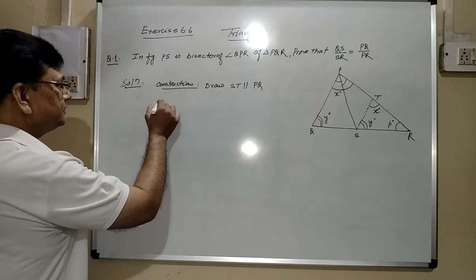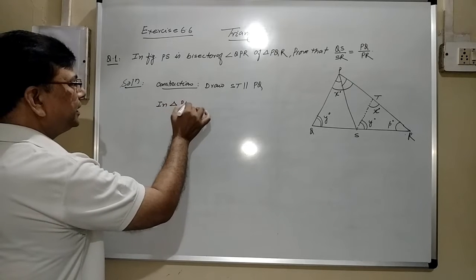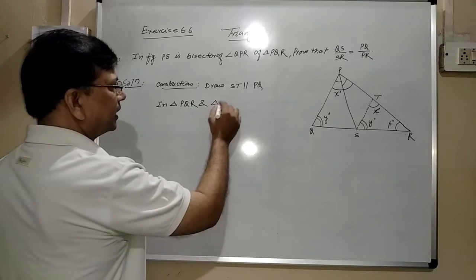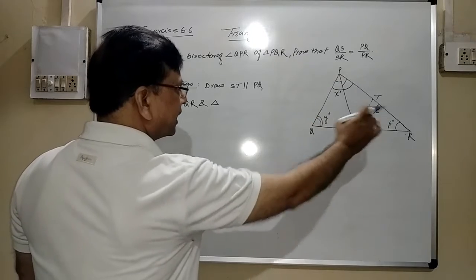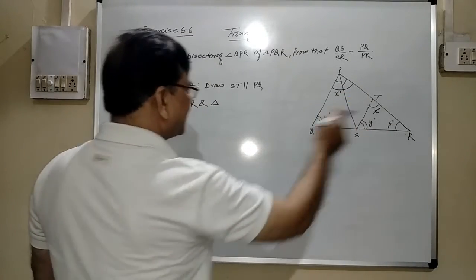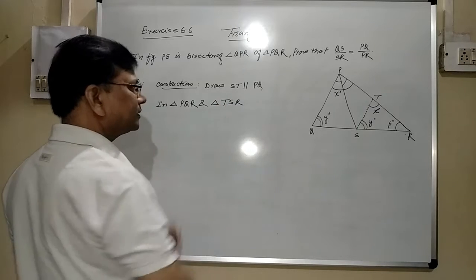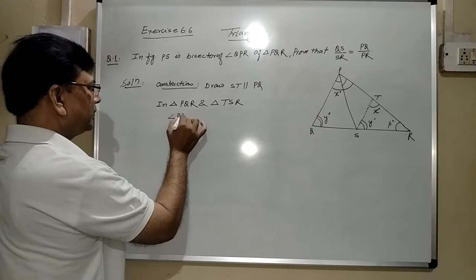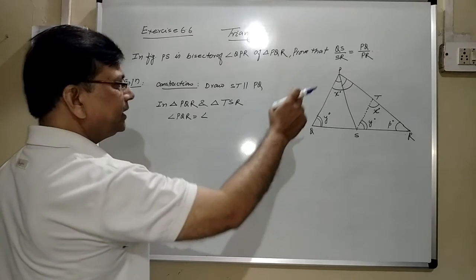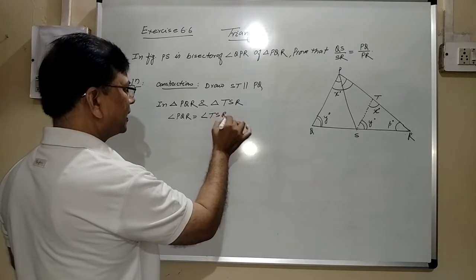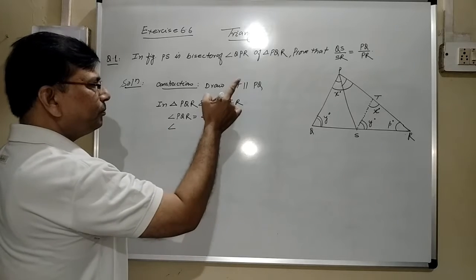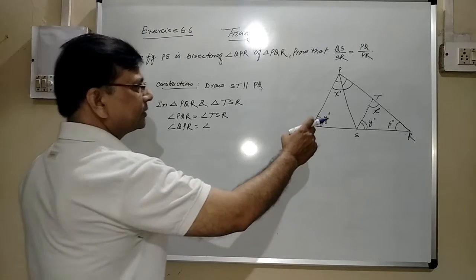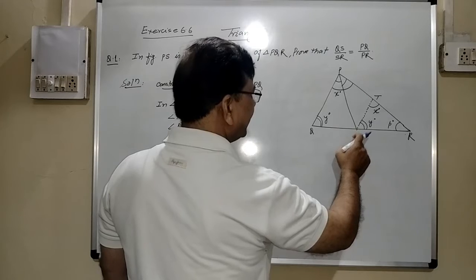Now, in triangle PQR and triangle TSR, angle PQR is equal to angle TSR, and angle QPR is equal to angle STR.